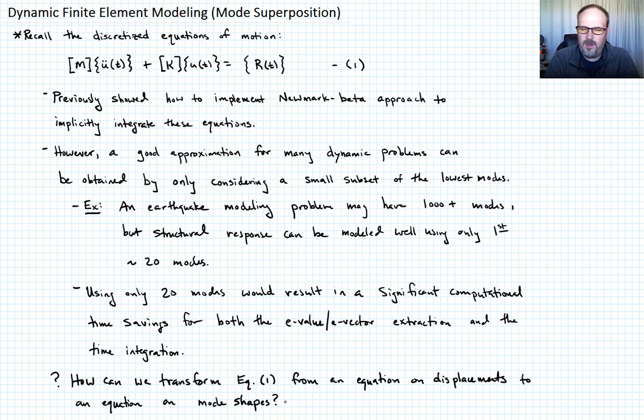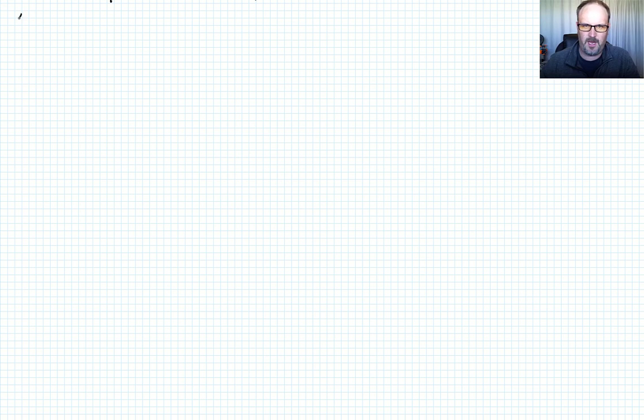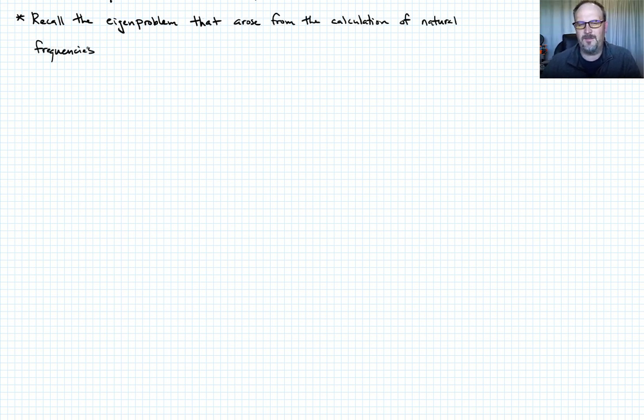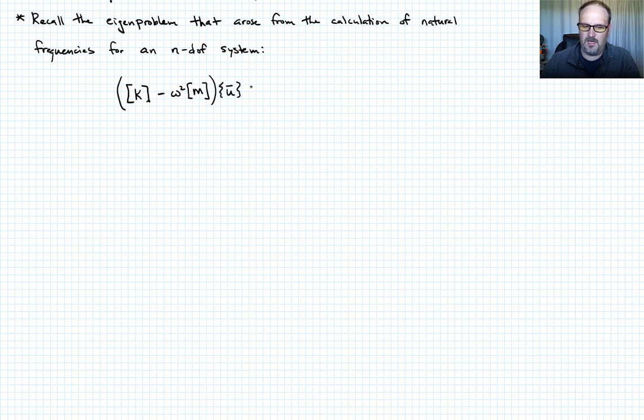Okay, so how are we going to do this? We're going to begin by returning to the eigenvalue problem that we developed when we first talked about natural frequencies and mode shapes. Let me remind you again of the eigenproblem that arose from the calculation of natural frequencies for some n degree of freedom system. That set of equations looked like K, the stiffness matrix, minus omega squared times M, that quantity times the vector U bar, which we said was an eigenvector, is equal to 0.